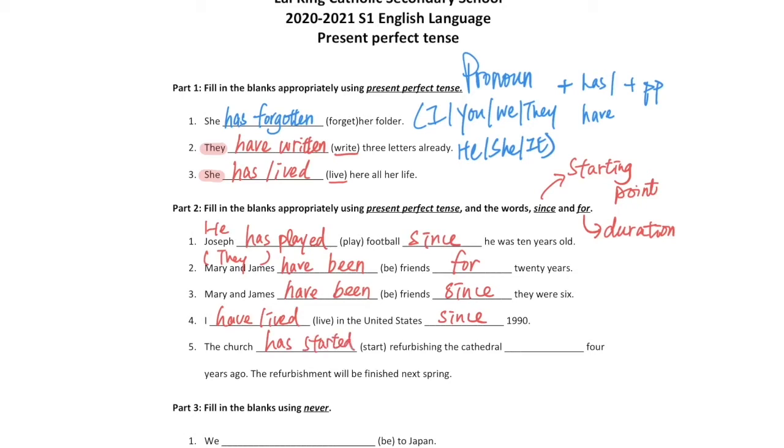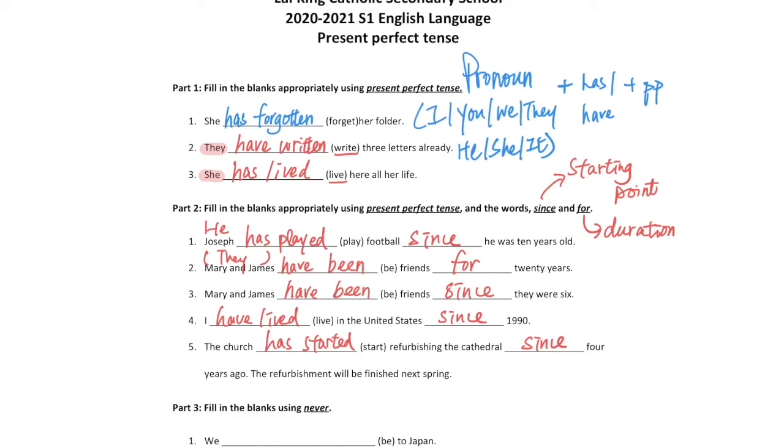The church has started refurbishing the cathedral since 4 years ago. So the church started refurbishing the cathedral 4 years ago, but it hasn't finished. The action of refurbishment hasn't finished. It started in the past and continues in the present.